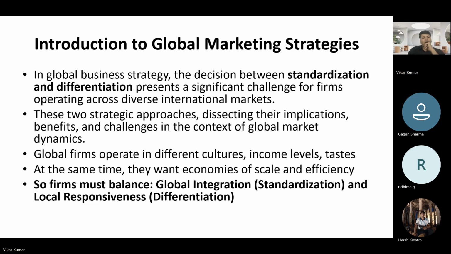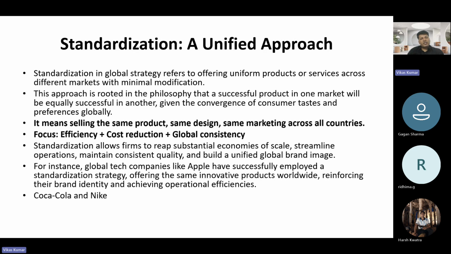So let's discuss the first one, standardization, which is a unified approach. Standardization in global strategy refers to offering uniform products or services across different markets with minimal modification, like the examples of Coca-Cola, Nike, IKEA, and apart from that, Apple, Microsoft.